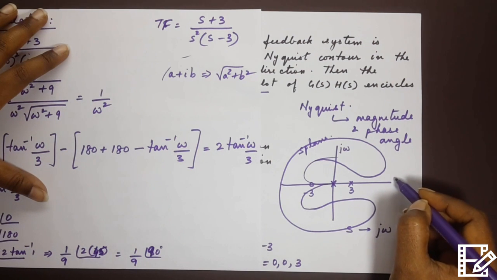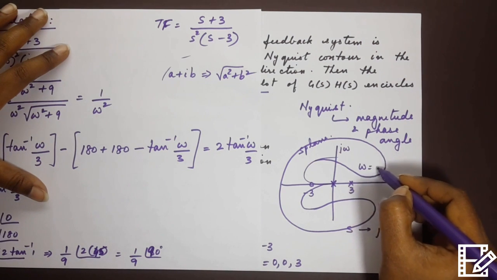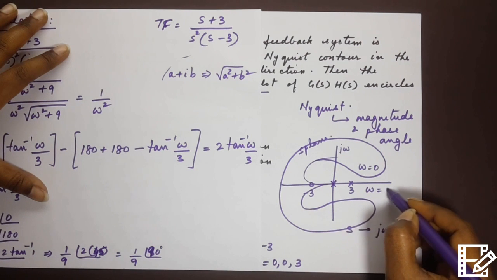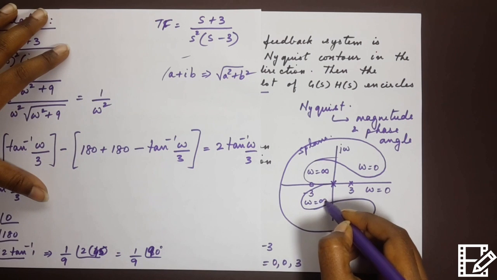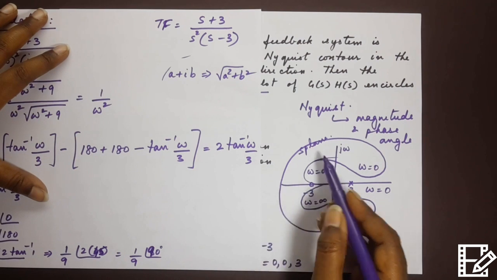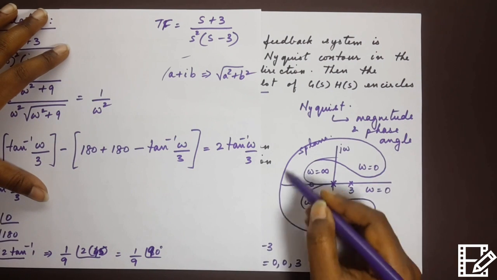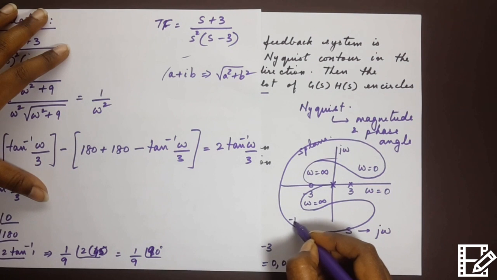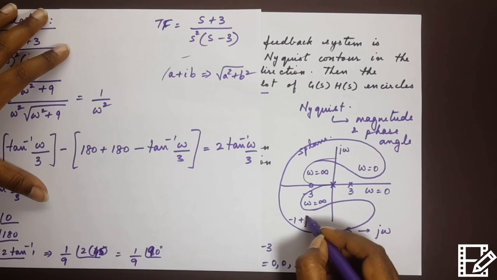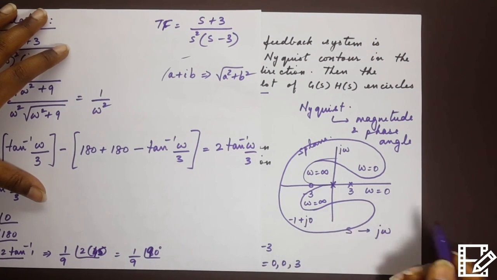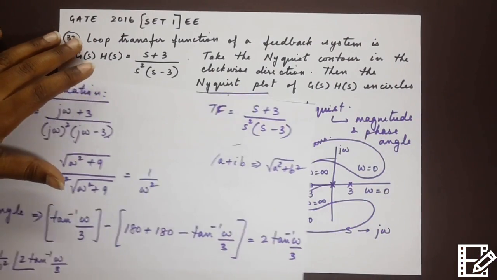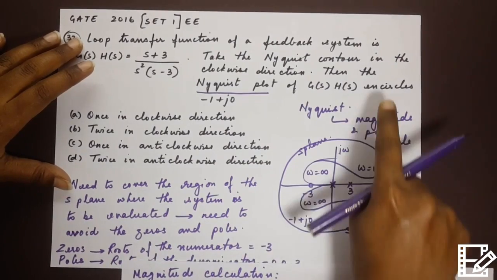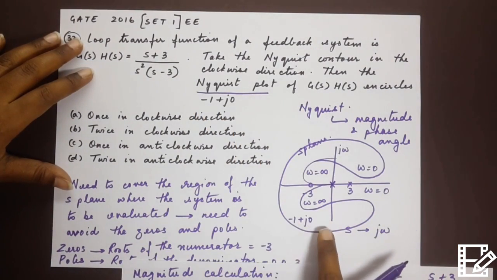So we have omega equal to 0 here, and omega equal to infinity here. This entire circle is this region over here, that's minus 1 plus j0. That's what the question says, it encircles minus 1 plus j0.